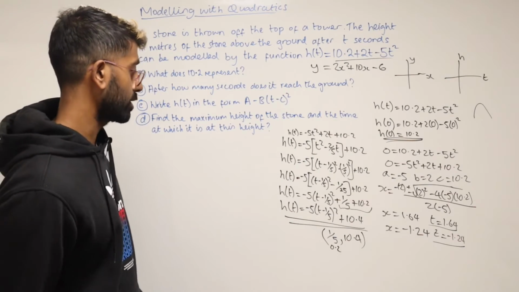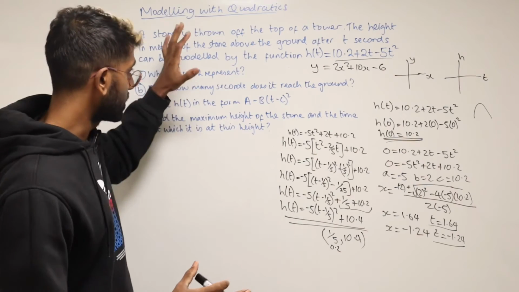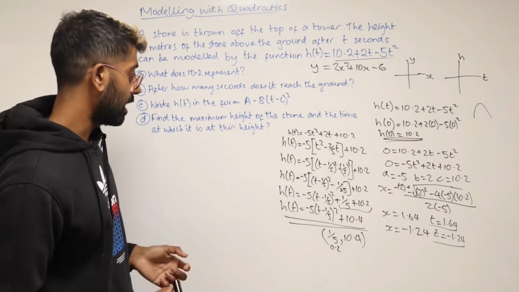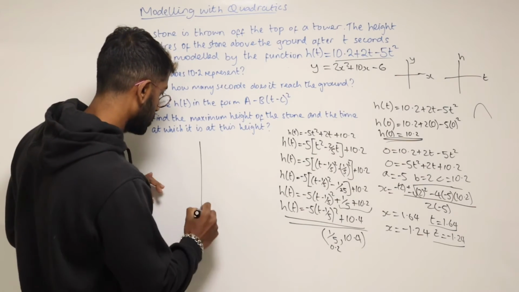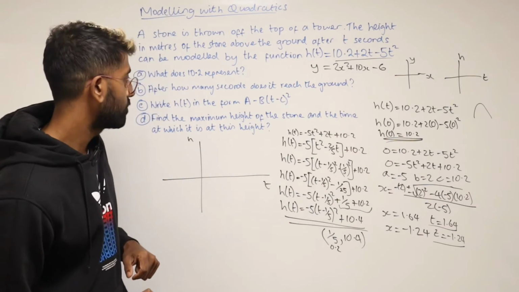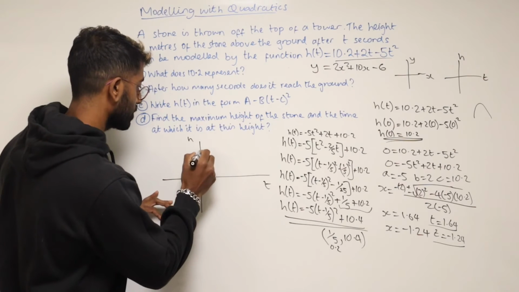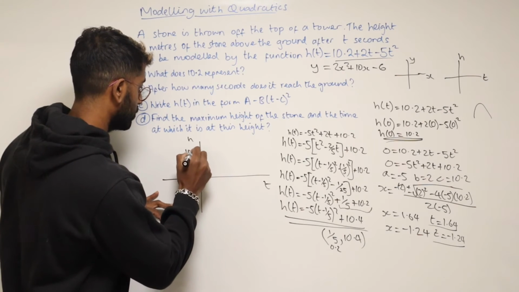Okay, smashing. So with all of this information here, we can create a brilliant sketch, and that's going to help us to answer this question and make it actually really simple. So h-axis, t-axis. Right, first thing we know is it crosses the h-axis at 10.2, so we can put that in here, 10.2.